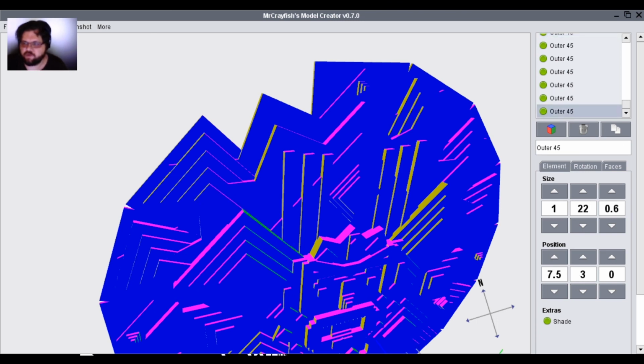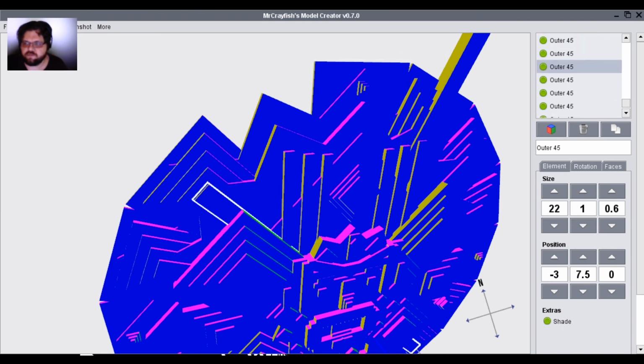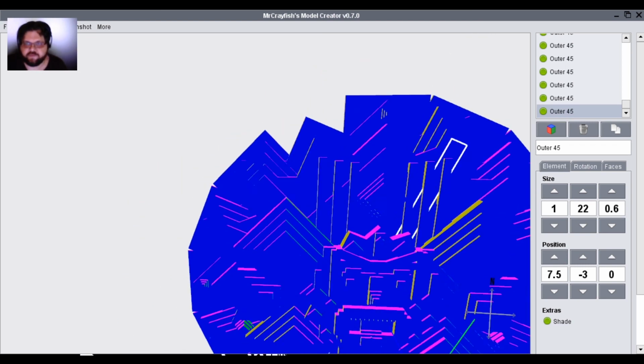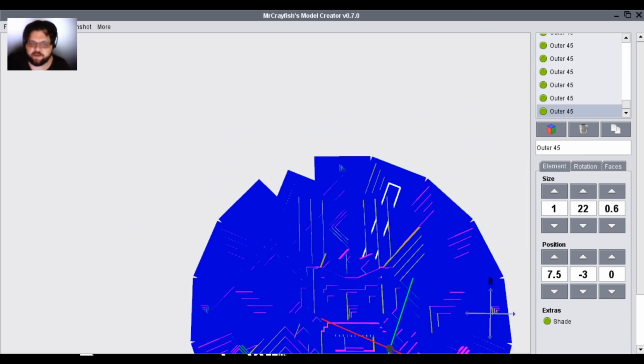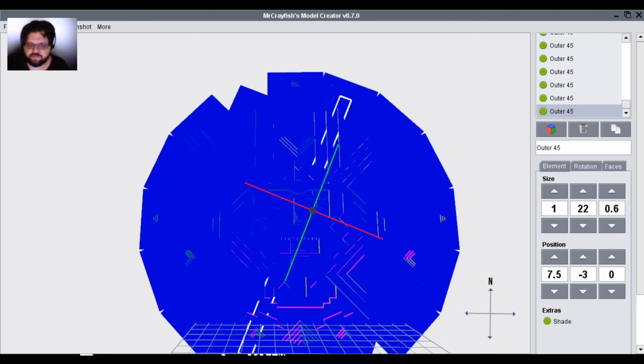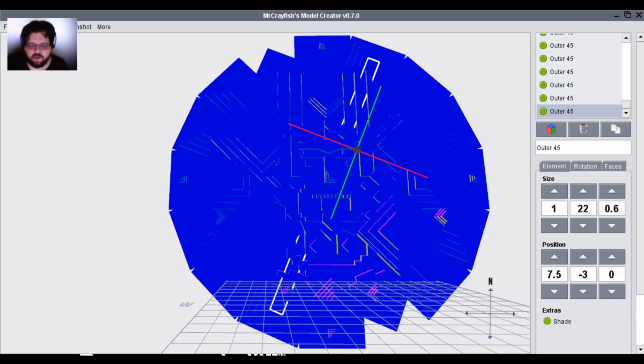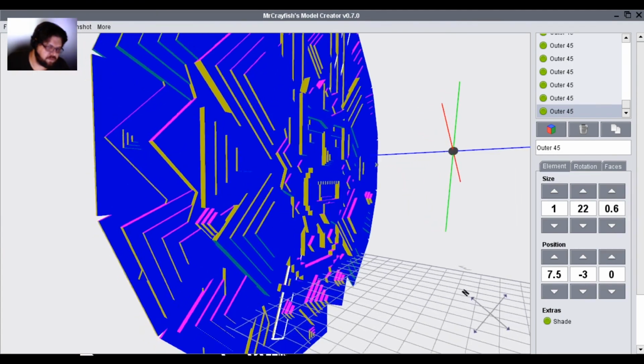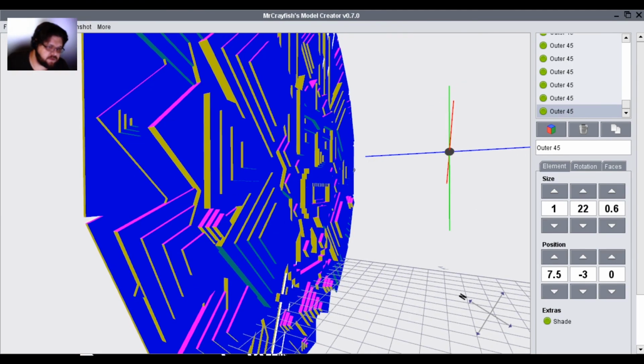That should be a 22. 7.5 and -3. There we are. This is a lot bigger than I wanted it to be. But I like how it turned out.